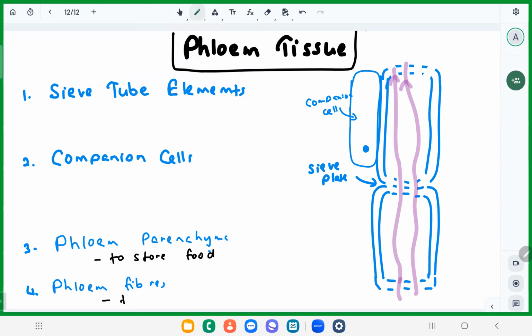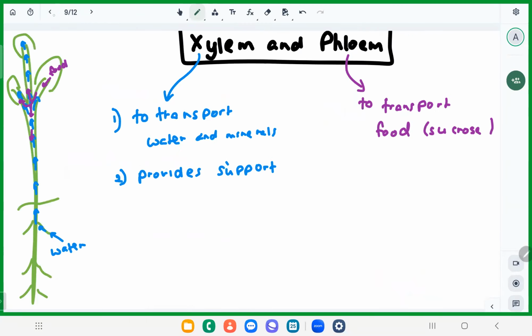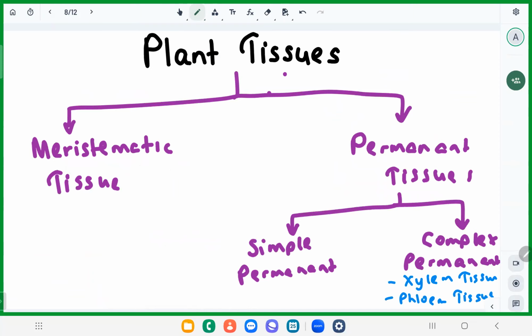So that's what you need to know about the phloem tissue, and that brings us to the end of this topic on complex permanent tissue. I hope all of you got a good understanding of this.